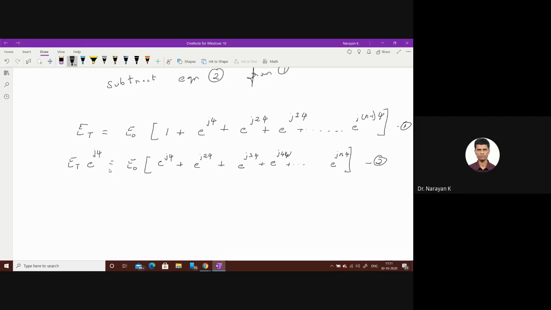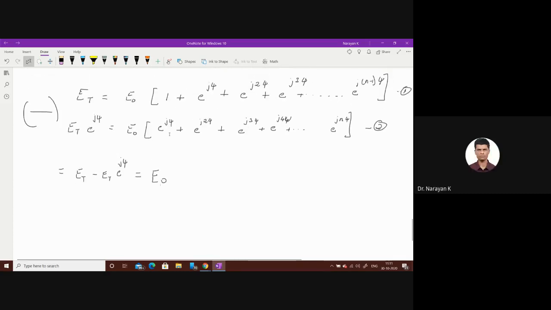Now subtract. Okay, subtract 1 minus 2. Tell me what will happen to the left hand side. Et minus Et e power j psi. Now what will happen to this right hand side? E naught, very simple, 1 minus something is there here.